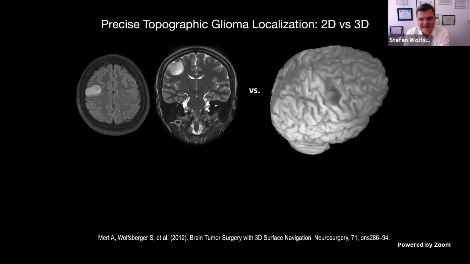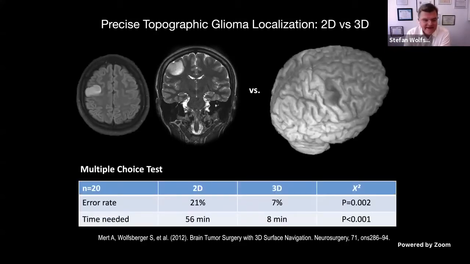So we did a little study at that time, comparing 20 cases, in 2D and 3D, in 10 of our residents. And we gave them first the 2D pictures. And this relates, of course, to our first talk from Matthias. I just wanted to show you how hard it is for everybody to understand the surface anatomy. So in 2D, they made an error of 20%.